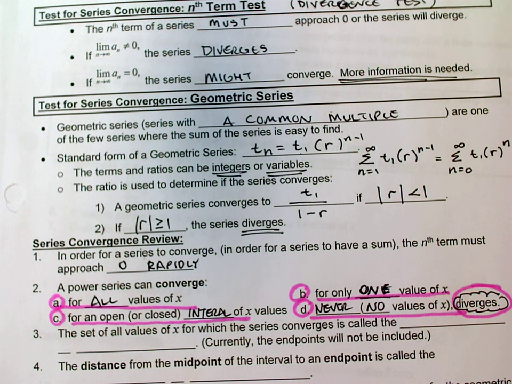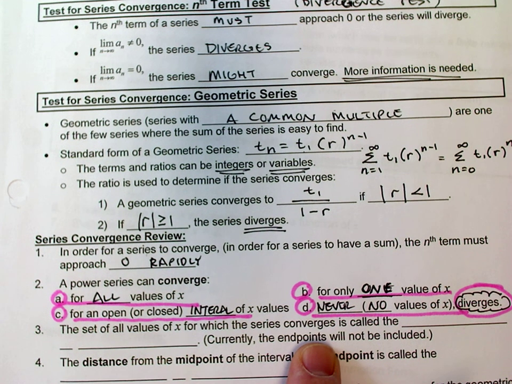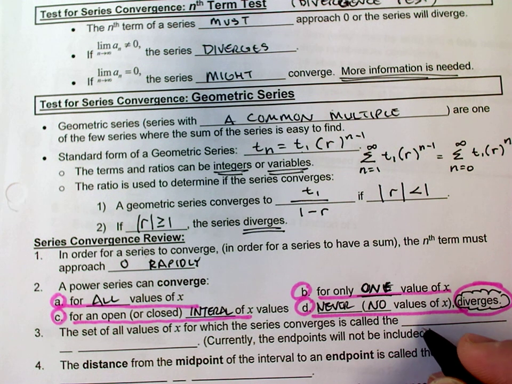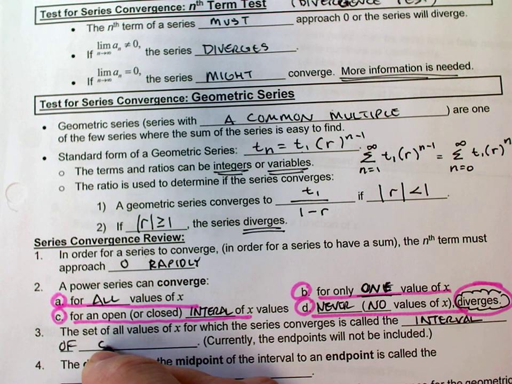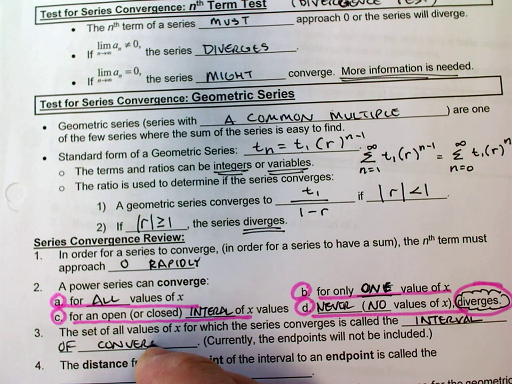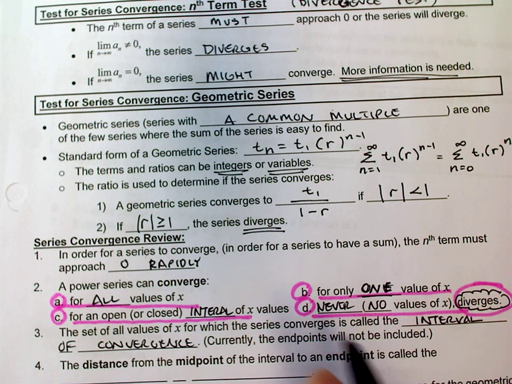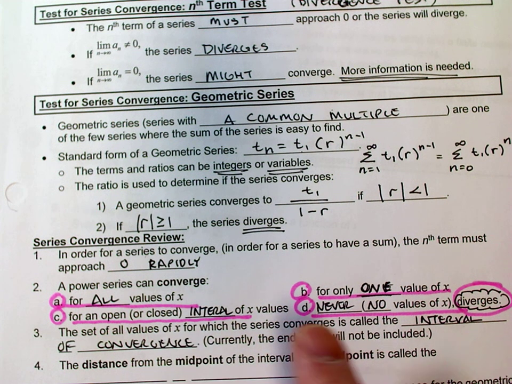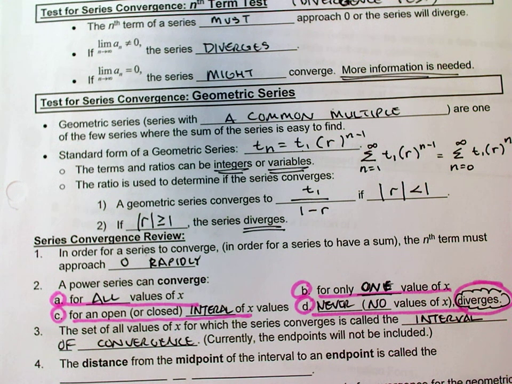The set of values for x in which the series converges is called the interval of convergence. And again, that interval could be all values of x, a single value of x, a range of values of x, or no values of x. Okay?